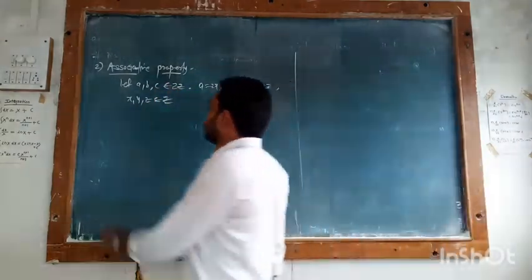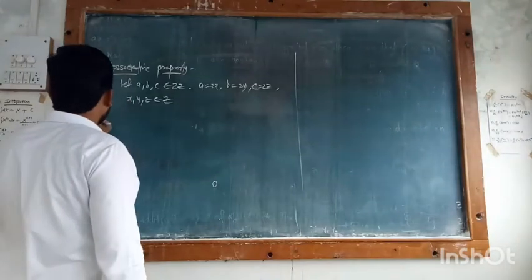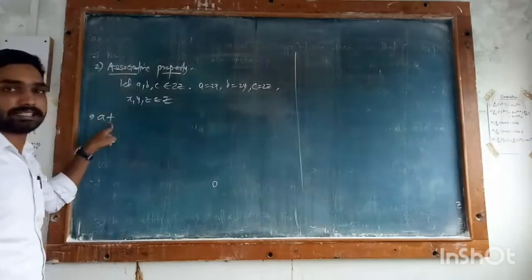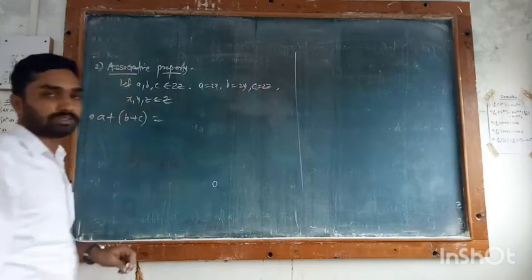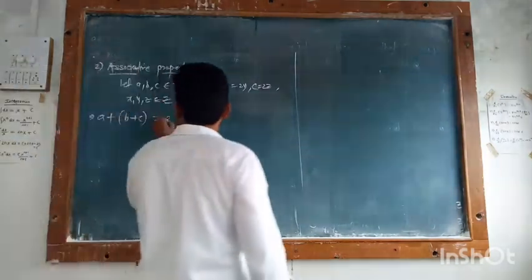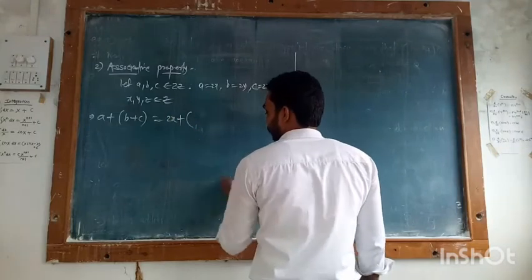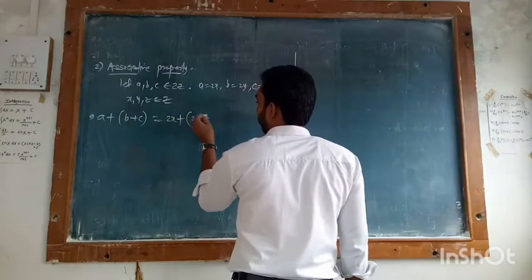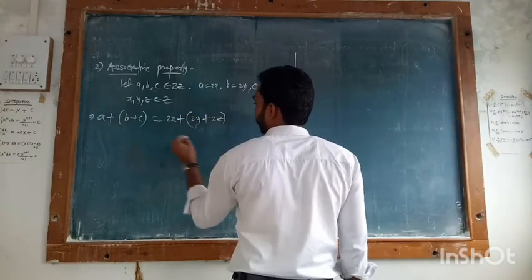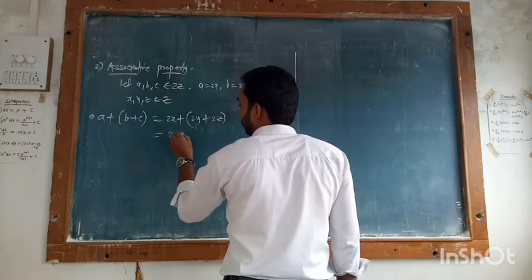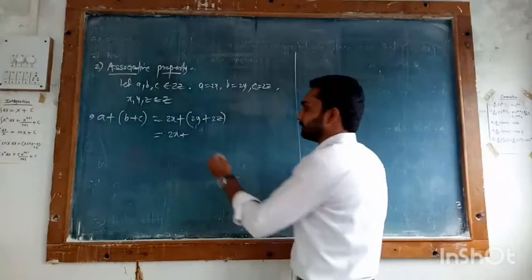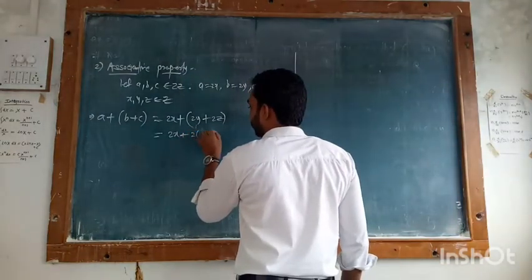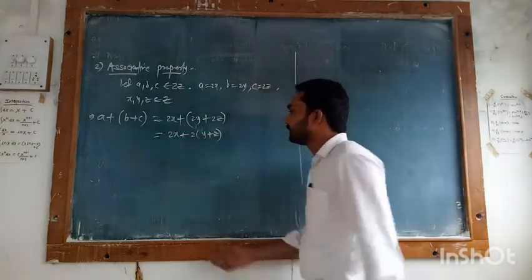For the associative property, with binary operation addition, we take A plus (B plus C), which equals the value of A, 2x, plus the value of B, 2y, plus the value of C, 2z. From 2y and 2z we can take 2 common outside, leaving y plus z inside.